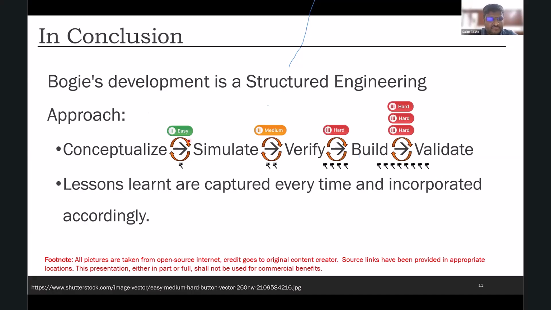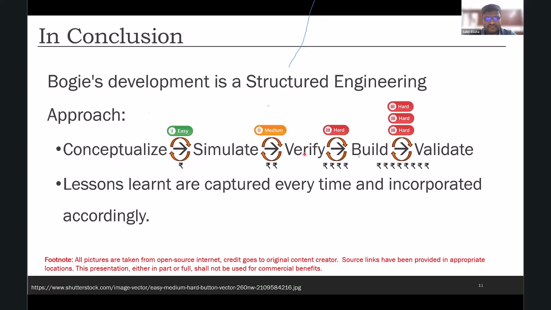We have to iterate. You conceptualize something, you simulate it, you find that something is not good, you go back to your concept and work on it, and then come back to the simulation phase. It is easy at this phase, and it is cheap as well, because everything is on the computer, nothing has been cut on the ground. Then you try to verify it.